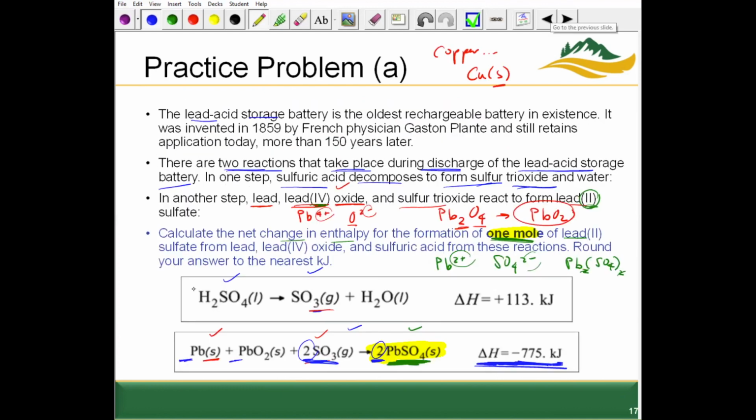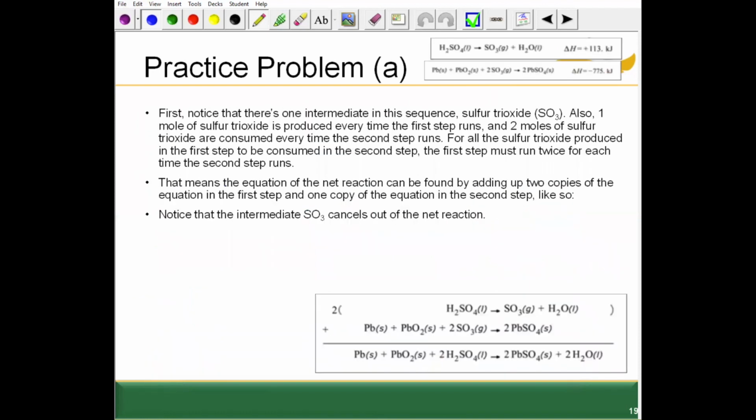For instance, if this ran and then this ran, but then this ran again, we would still need to incorporate delta H here and the same delta H here. So for each reaction, we'll have an associated delta H. If that reaction happens twice, then we need to account for that by incorporating this delta H twice. Let's start solving our practice problem, and hopefully this will become more clear on how we apply Hess's law.